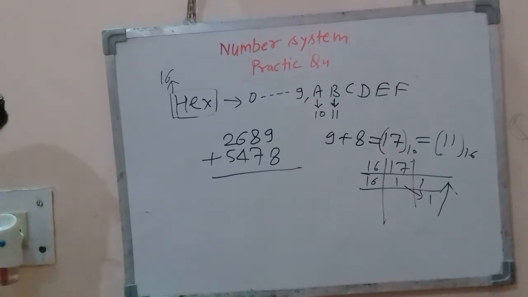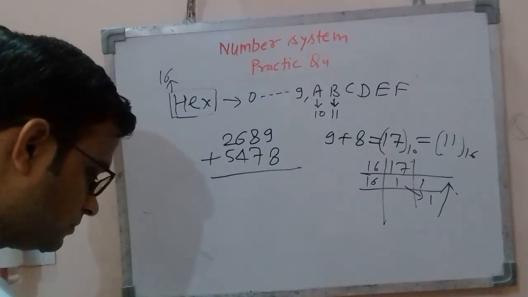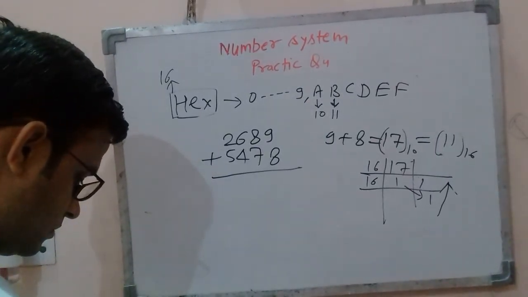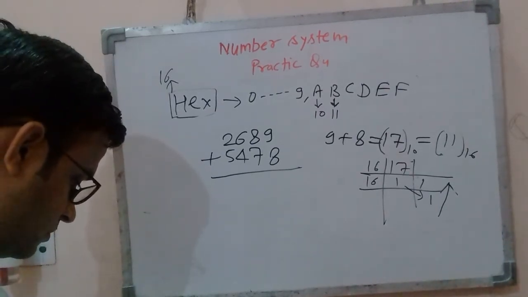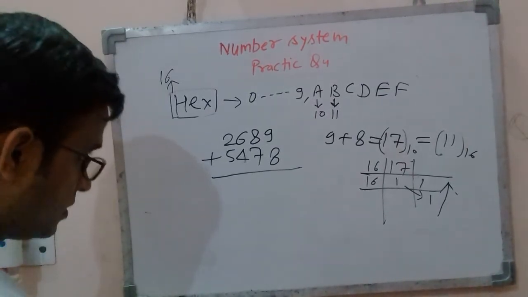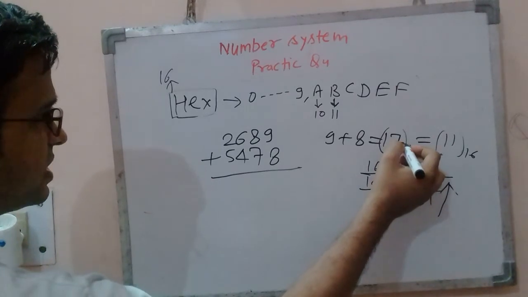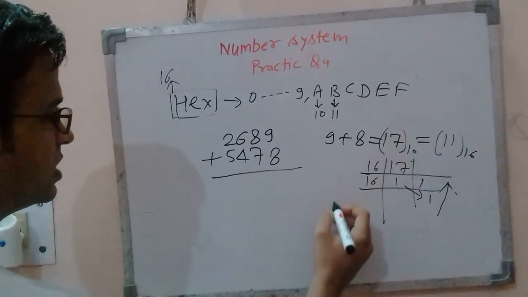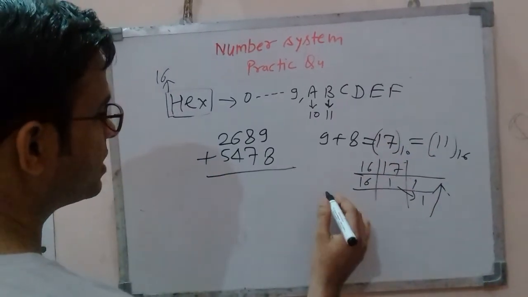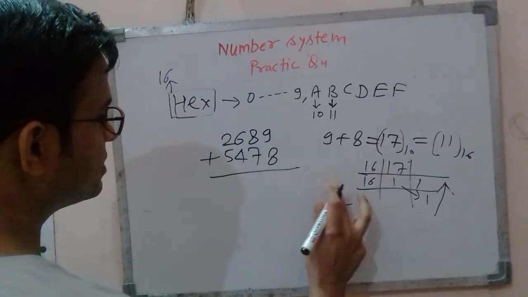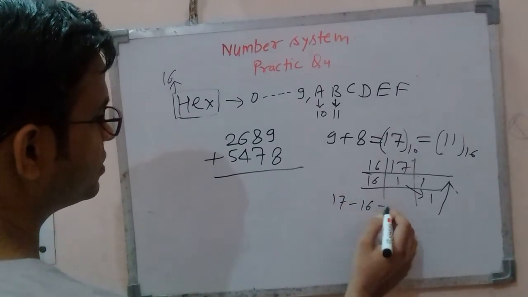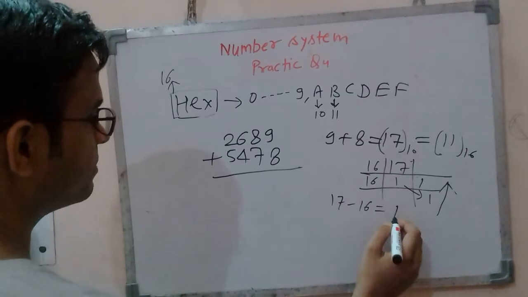So 17 is more than 16. 16 is the base of the hexadecimal number system, so the number is exceeding. So subtract the base, that means subtract 16. This becomes 1.